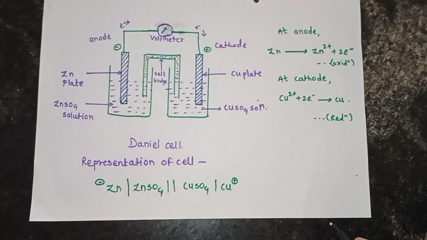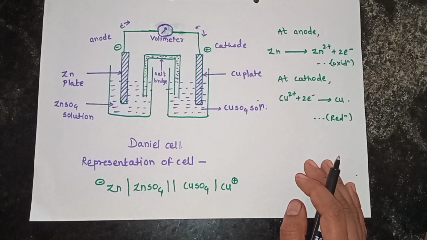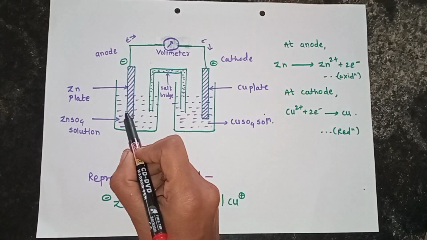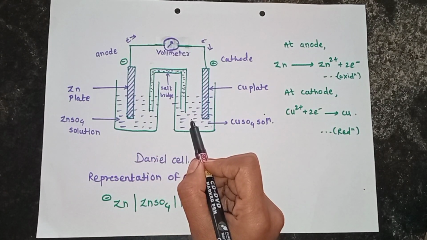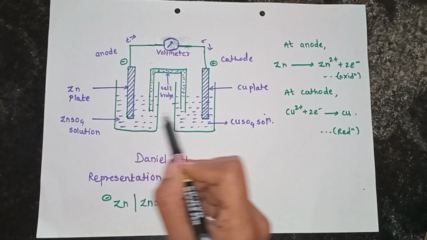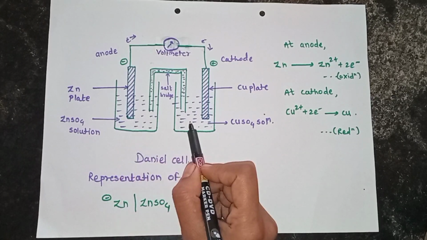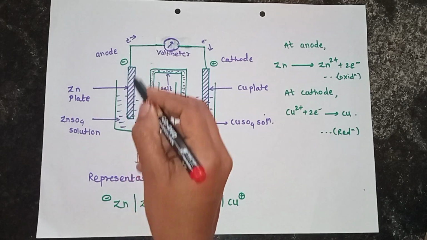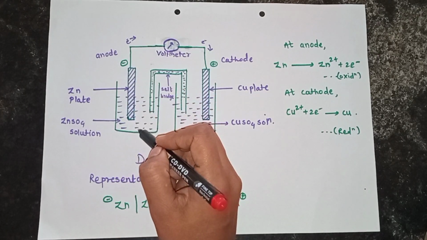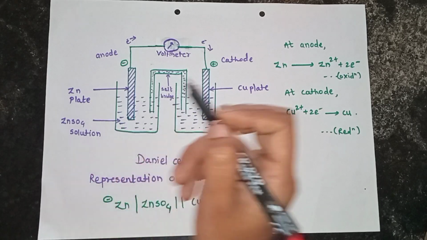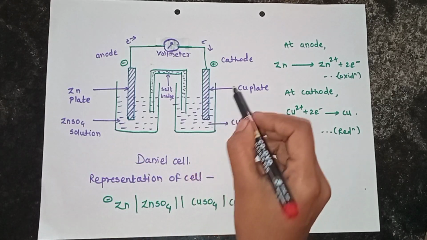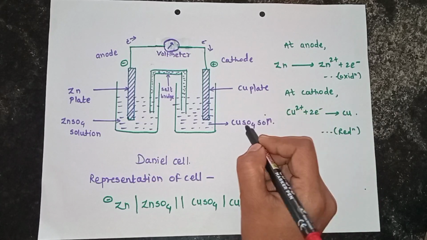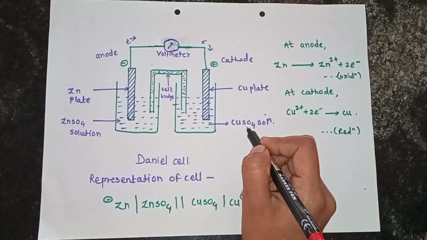Let's discuss the working of the Daniell cell. This cell has two half cells. In one half cell there is a zinc plate dipped in a solution of zinc sulfate, and in the other half cell there is a copper plate dipped in a solution of copper sulfate.